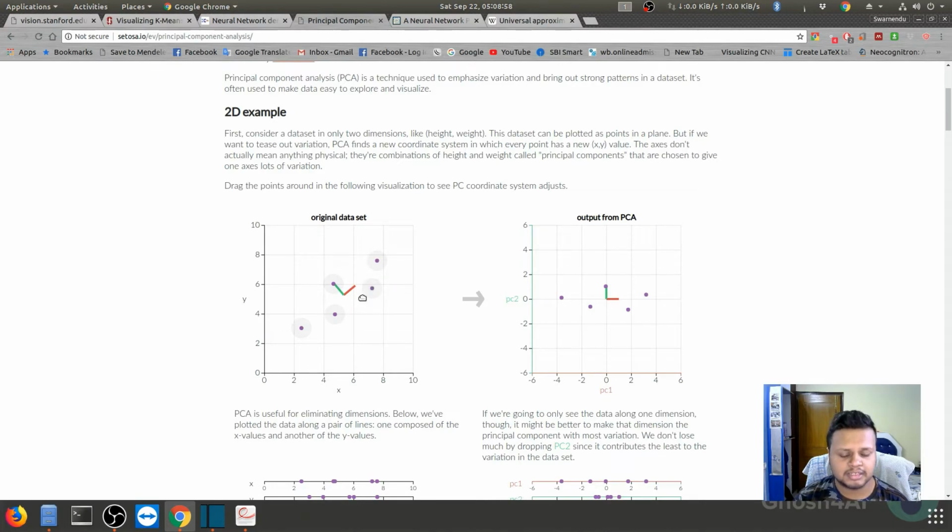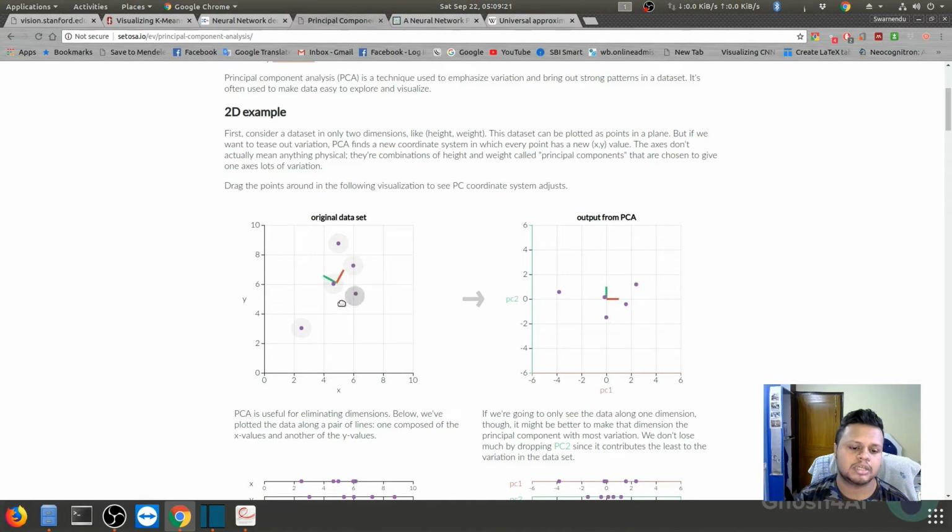Now if we map these samples in our new sample space where PC1 and PC2 are the axes, the data distribution looks something like this. Now if you can see, the data distribution has maximum variance across the first principal component and the second maximum variance across the second principal component.